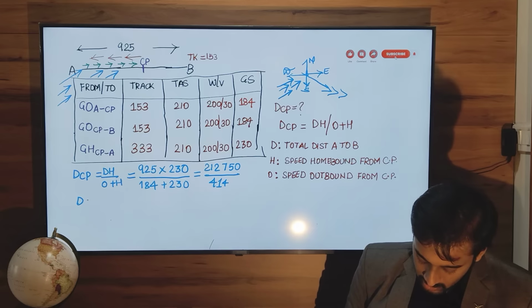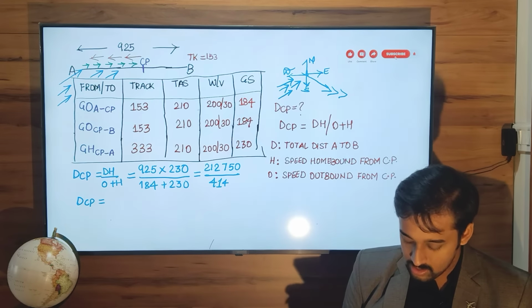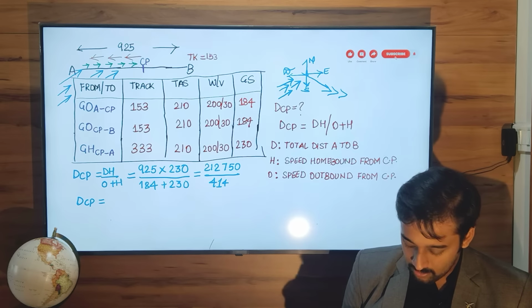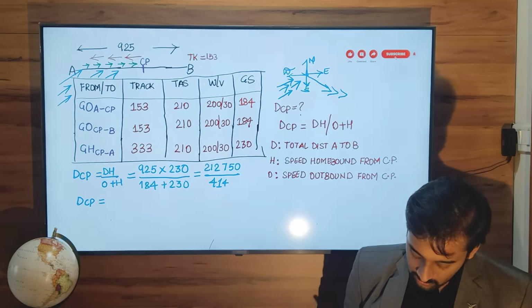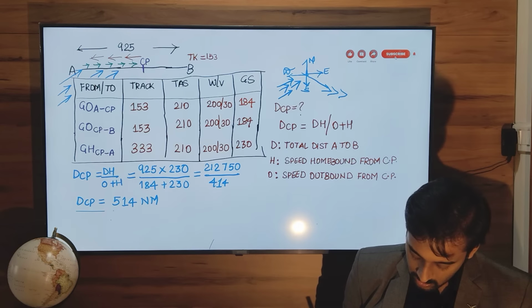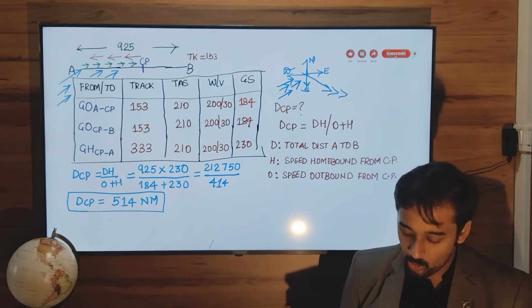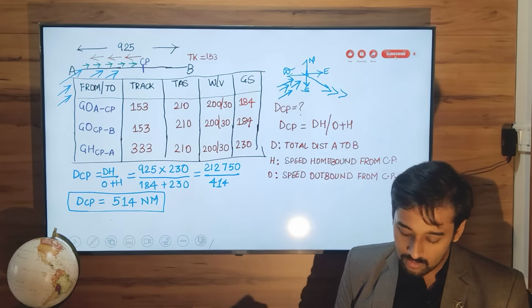So distance to critical point will be equal to 212,750 divided by 414, which is approximately 514 nautical miles. So distance to critical point is 514 nautical miles.